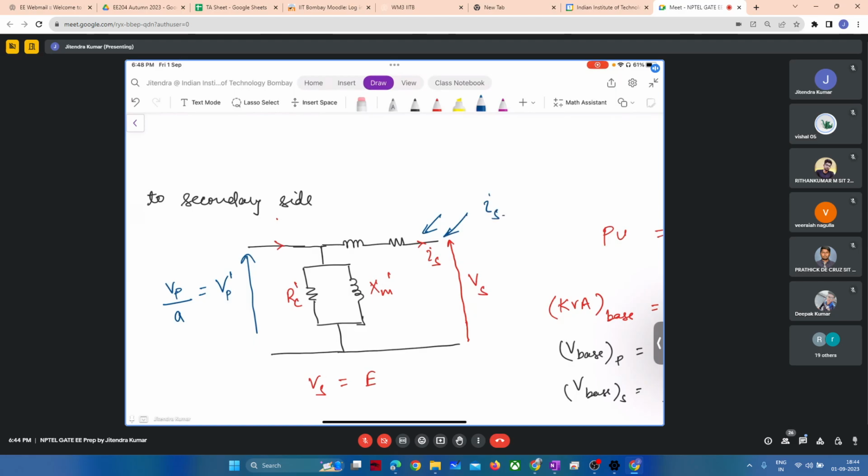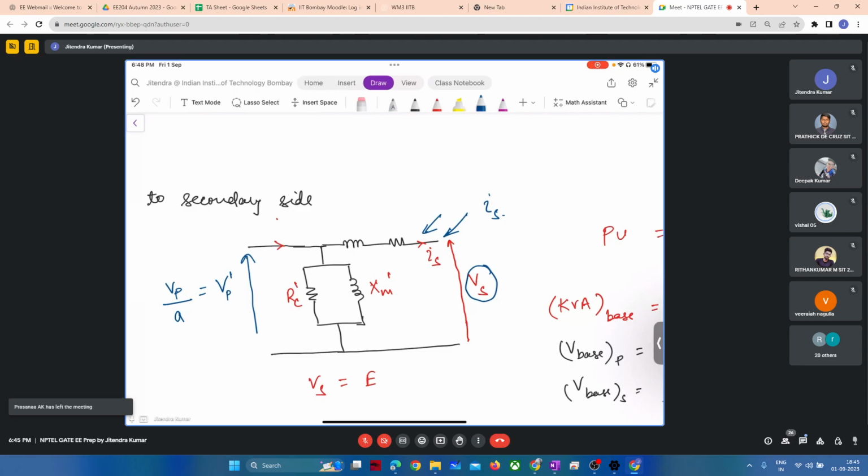How to compute Is? Is will have some magnitude as well as some phase, and that phase will be shifted if you assume secondary voltage as the reference.